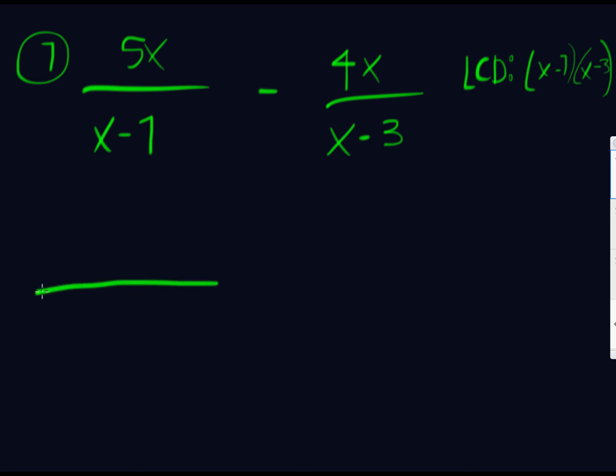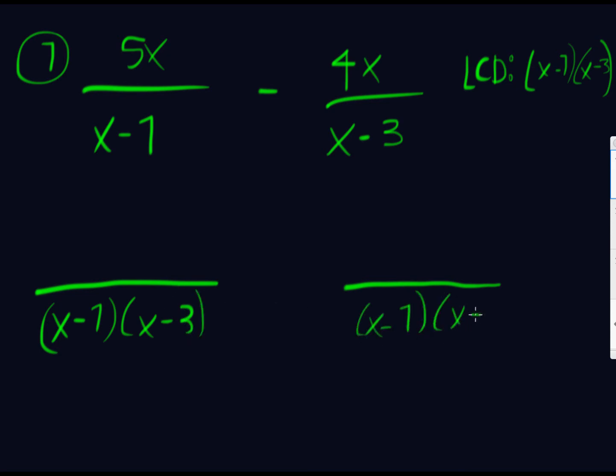So we want to make both of these expressions have a denominator of x minus 7 and x minus 3. In order to do that with this first expression, our denominator was x minus 7.